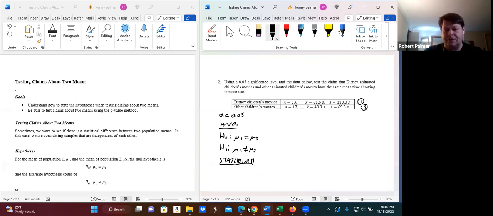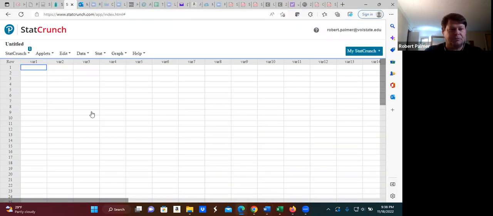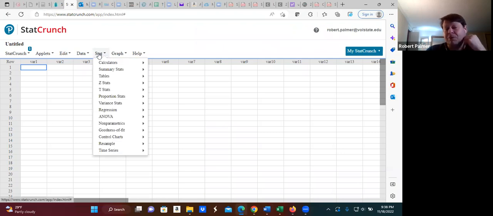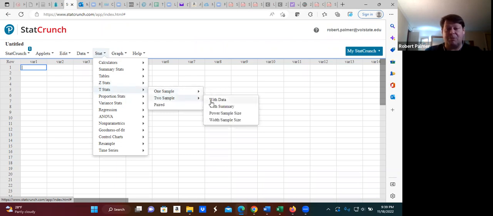Okay, so let's take a look at that. You can go to the same place, go to stats, and once again, we go to t-stats because we don't know the population standard deviations, which we usually would not. If we did happen to know those, we could go to z-stats, but in this case, we don't. So let's again go to two sample, then with summary, since we have the summary values.